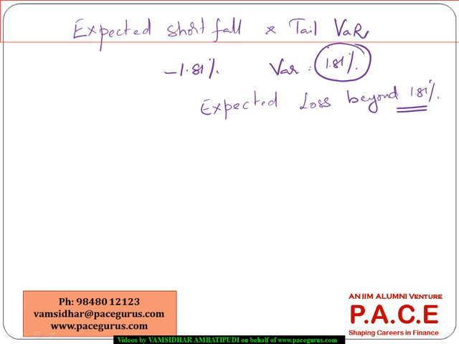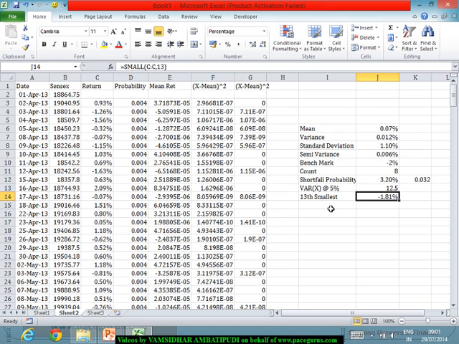If I am setting minus 1.81% as my base, I am trying to find the average of all those losses which are below this minus 1.81%, and that is what I call the expected shortfall, or probably tail VAR.